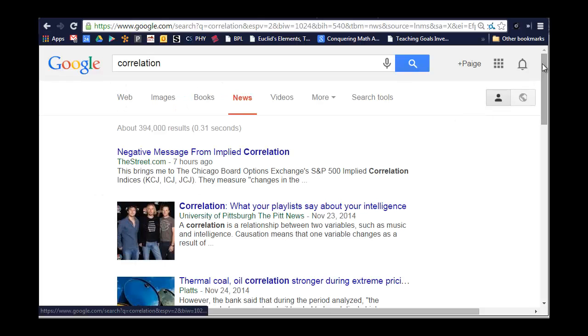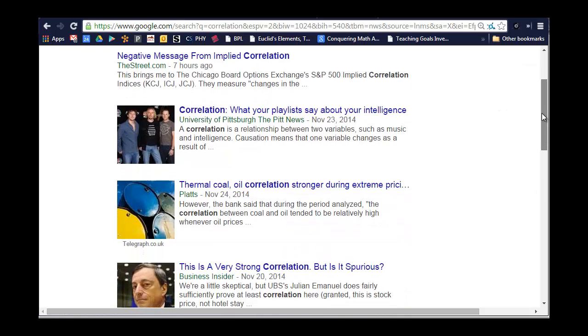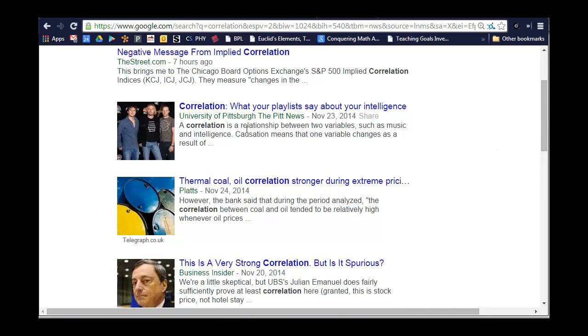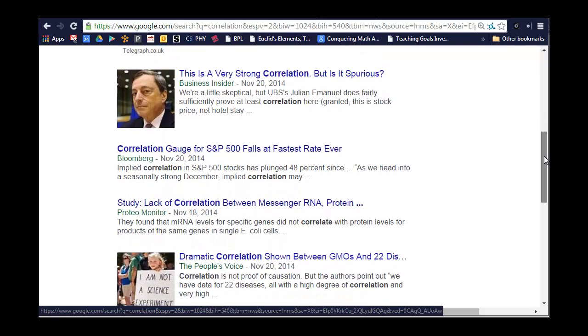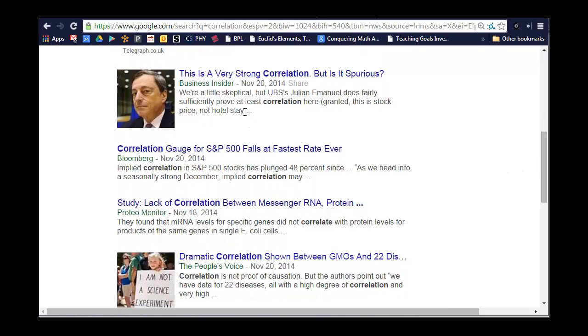Now, we see correlation all the time in statistics. This was just a quick news search I did on Google for correlation. And we can see some interesting articles here. There's a correlation between what music you listen to and intelligence, correlation in prices for coal and oil. In business, there's a lot of correlation talked about.